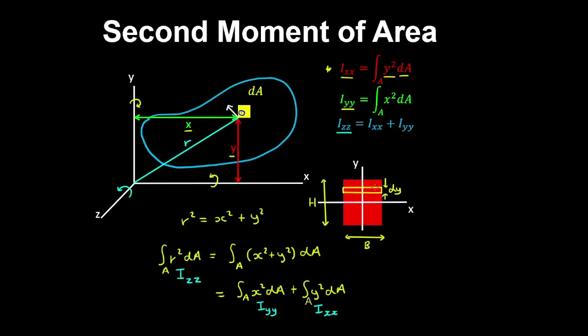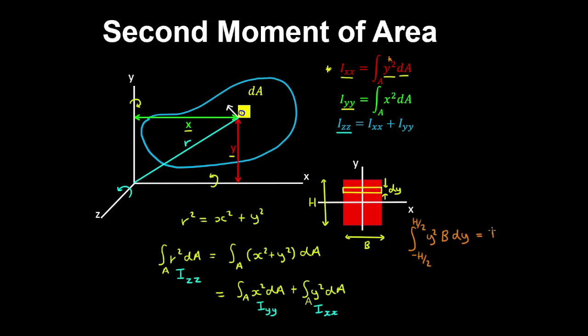So therefore the differential area is b dy, and we multiply this by y squared and integrate this from minus the height on 2 to plus the height on 2.